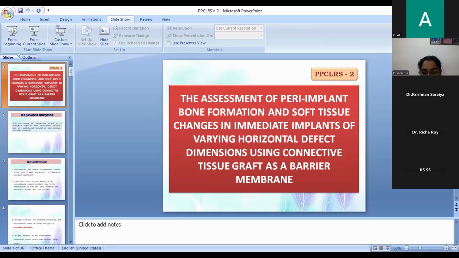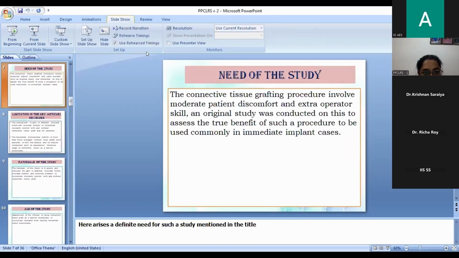connective Please tissue. move your slides because we can only see your first slide. So as you are changing, please go down and show us which slide you are talking about. Ma'am, now I'm talking about the limitations reviewed in the key articles. But we can see your title slide, I think. Am I right, Dr. Krishnan? Yeah, I was wondering, but Yes, ma'am. I just... Yeah, so please use your down arrow maybe and go Ma'am, down. Doctor, can you see the 63% at the right bottom? 63. Just beside it, there is small button. Can you click it? Slideshow. In the lower bottom, see 63 is written.